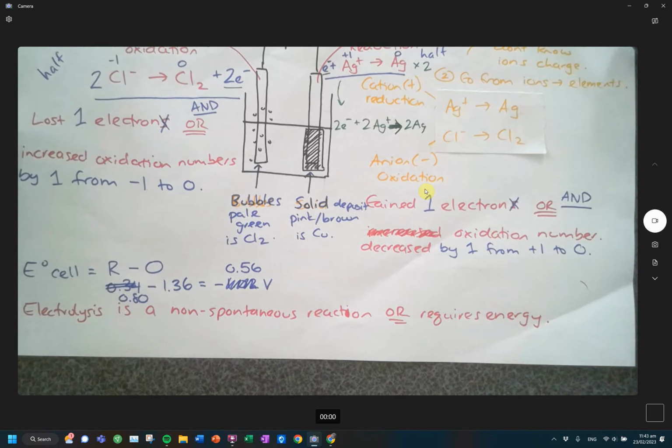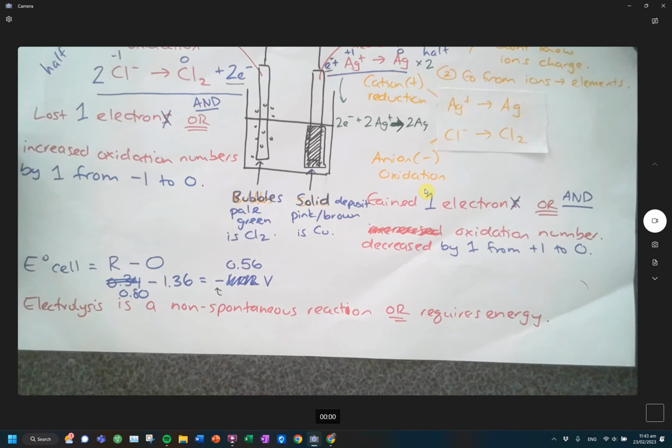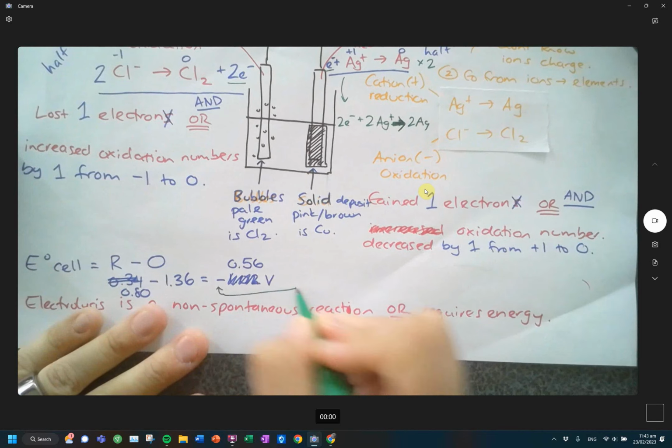What's important for you guys in order to get to the excellence is recognizing that this is a negative number. So since it is a negative number, that tells us this reaction is non-spontaneous. You will always get a negative number for electrolytic cells. If you are getting a positive number, you probably just have the numbers the wrong way around. It's a very good hint.